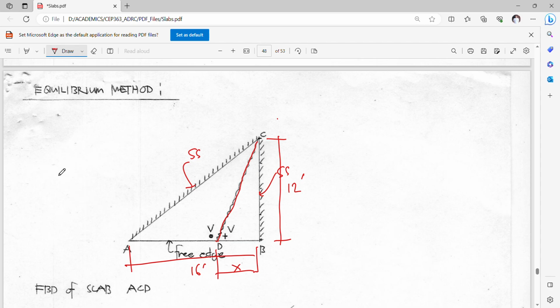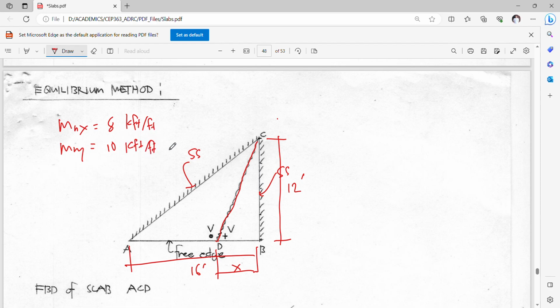I also want to give you the values of m1x and m1y. This is 8 and 10, in kip-feet per foot units.